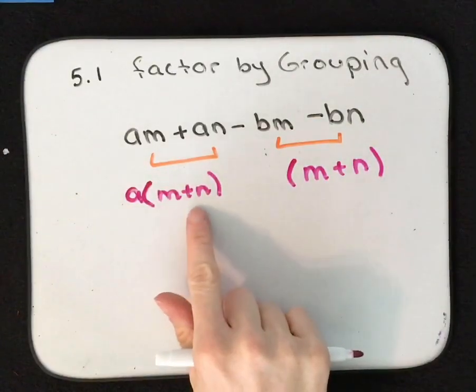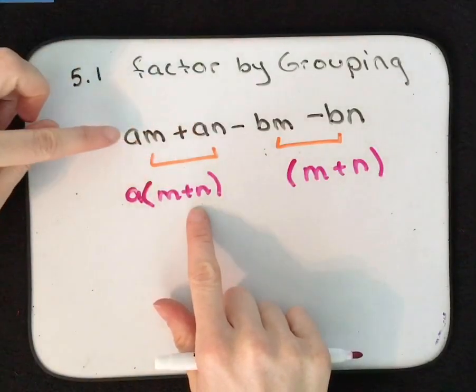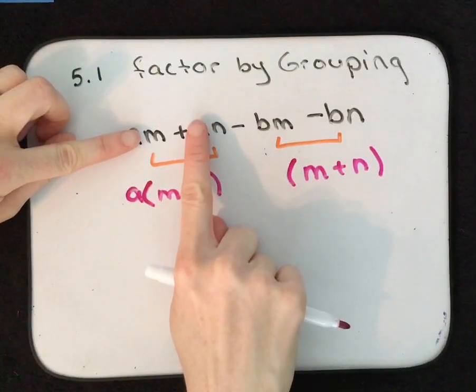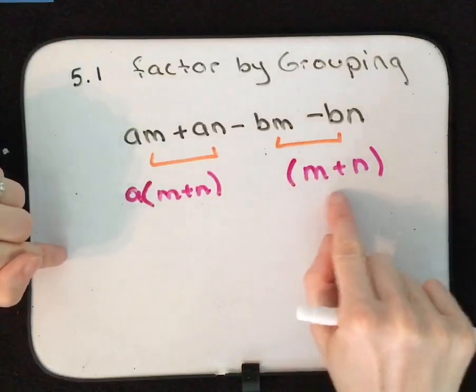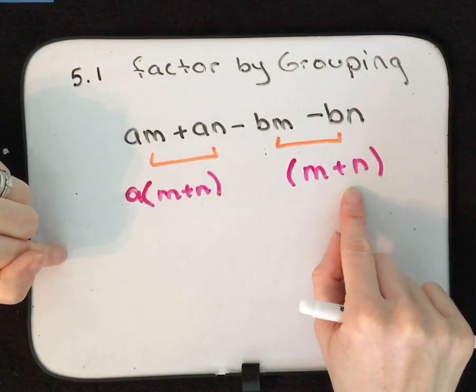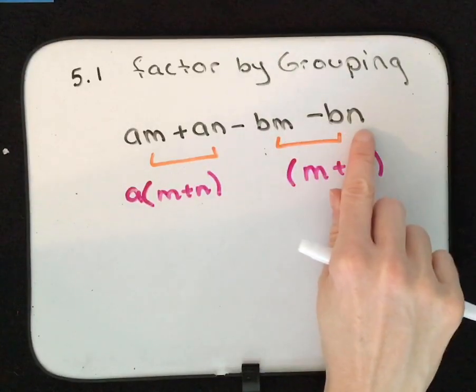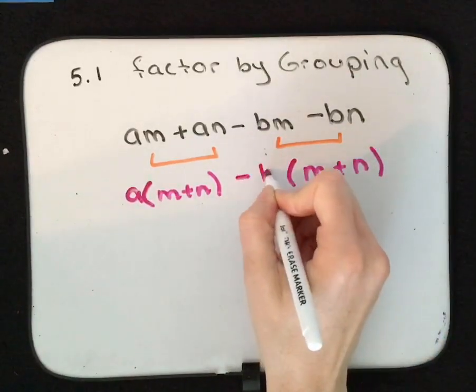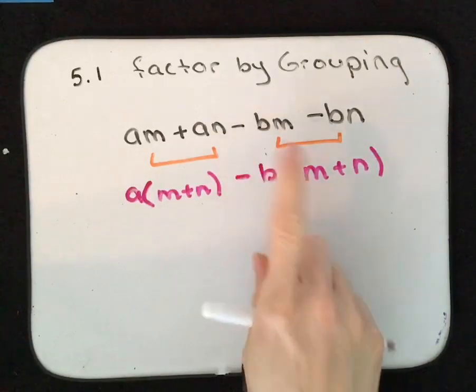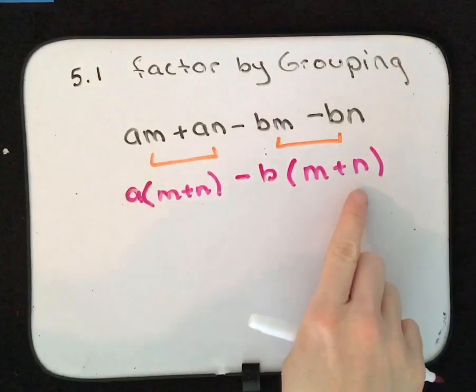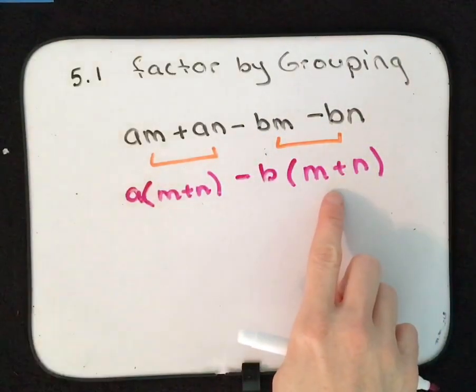So if I had M plus N left over when I pulled out my A, I have to have M plus N left over here too. So the question becomes, what is in common between negative BM and negative BN? That negative B. If I pull out a negative B, I'm left with M plus N. Those match, so we're good.